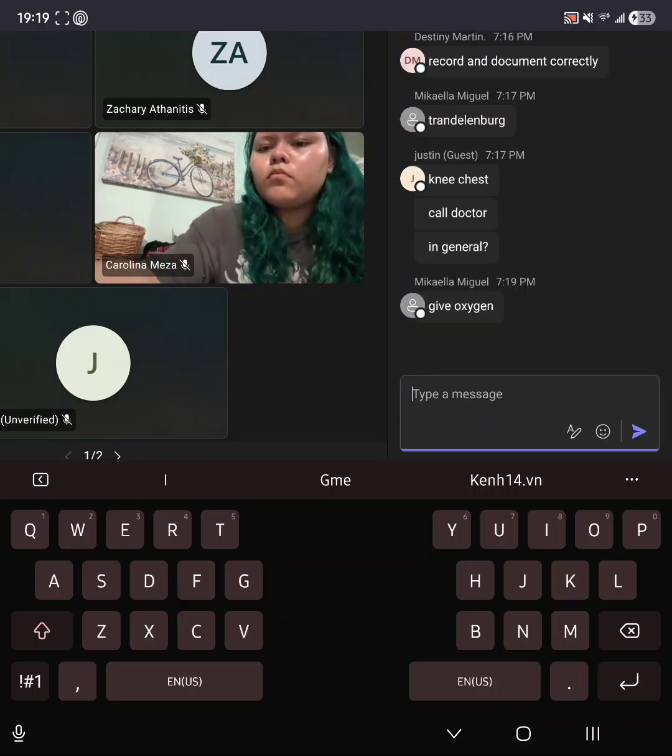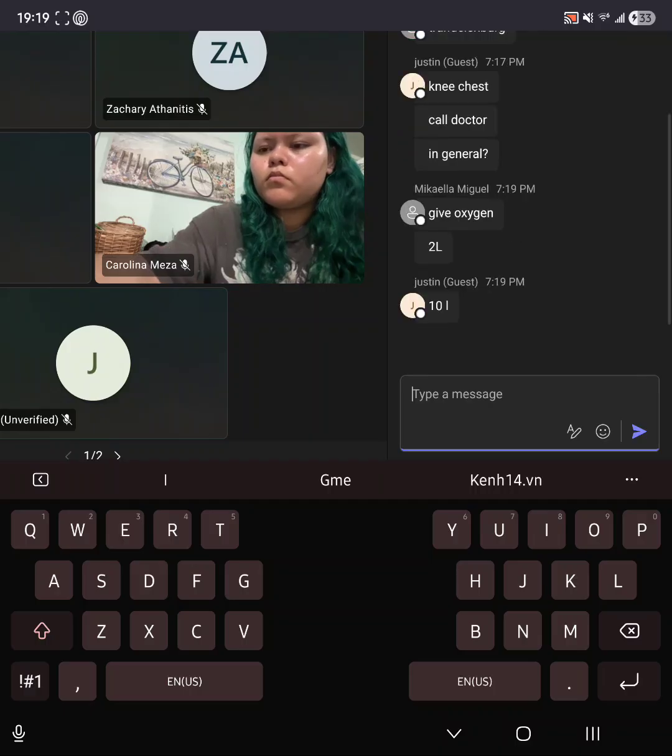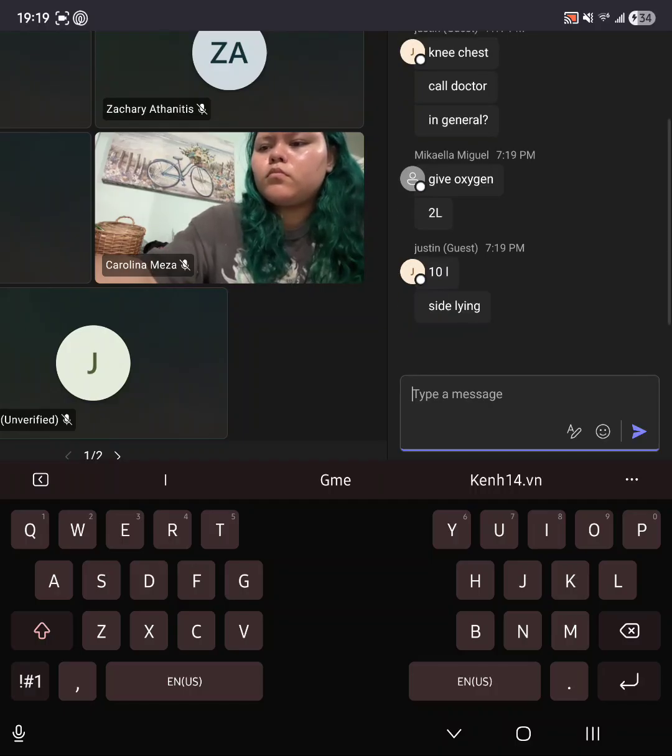Give oxygen, very good. How much? 8 to 10 liters. Yeah, 8 to 10 liters O2, and then turn her to her left. Yep, modified side lying. So tilt her to her left so that baby gets oxygen.